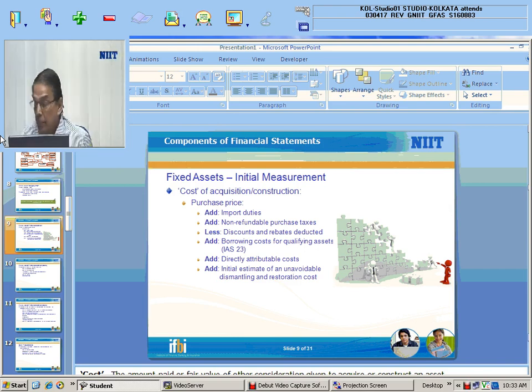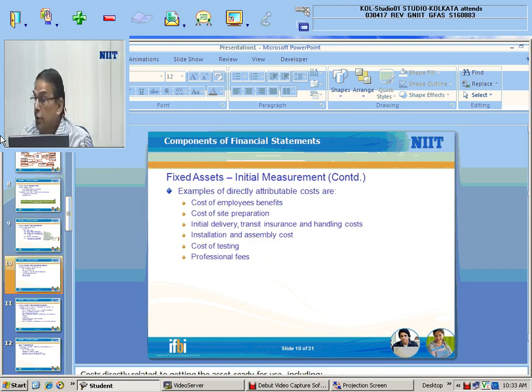So some examples of directly attributable cost I am now providing. Cost of employee benefits. So the employees who are engaged in construction of a building or the plant and machinery, who are engaged when the plant and machinery are being installed, that is the cost of employee benefits. Cost of site preparation.